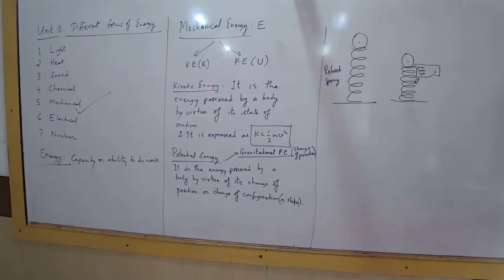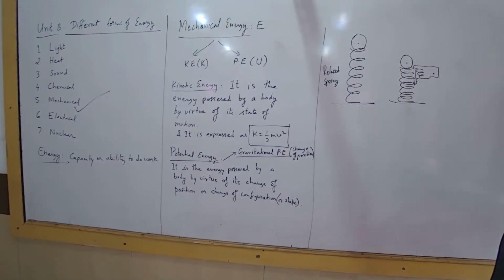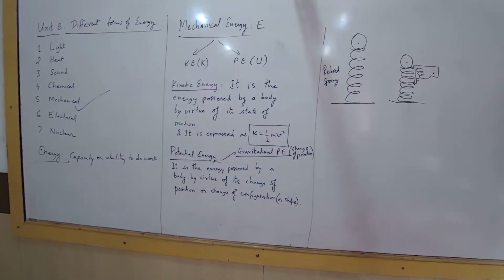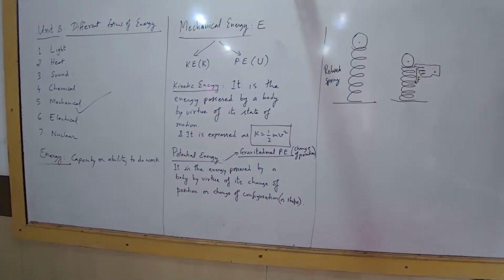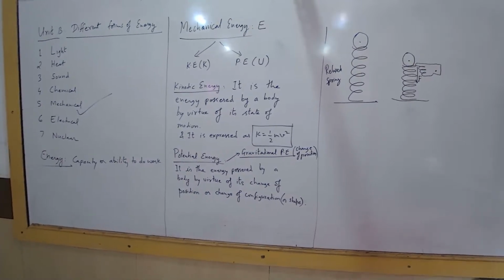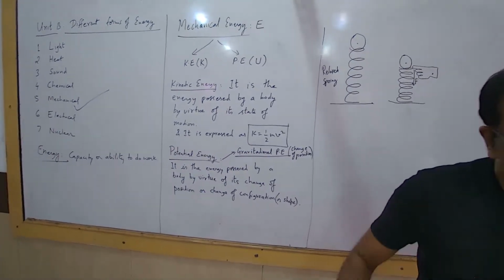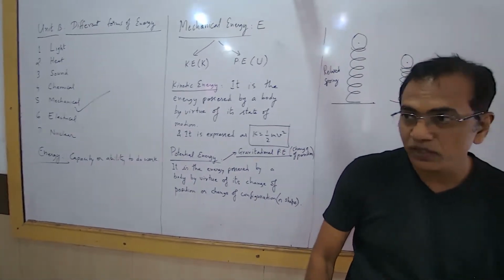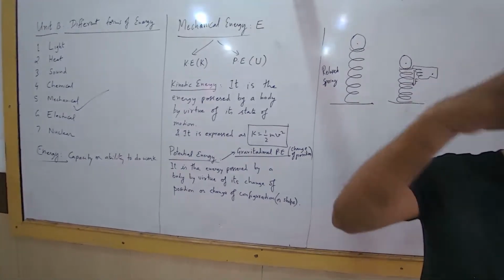So potential energy is a very relative concept. If you assume that right now at this level potential energy is zero, then with respect to this level it now has potential energy. So where is potential energy going to be zero? On the surface of Earth. But again, with respect to the center of Earth, it has some potential energy. So it is a relative concept.